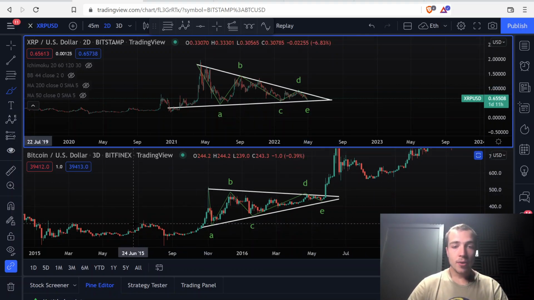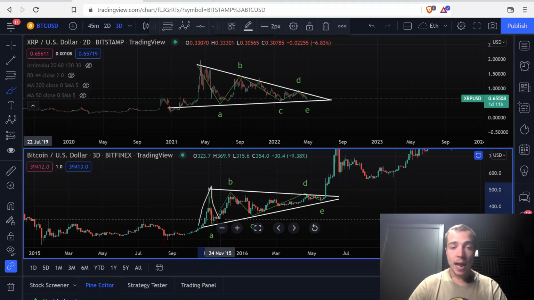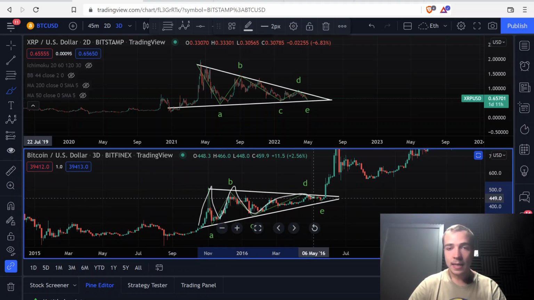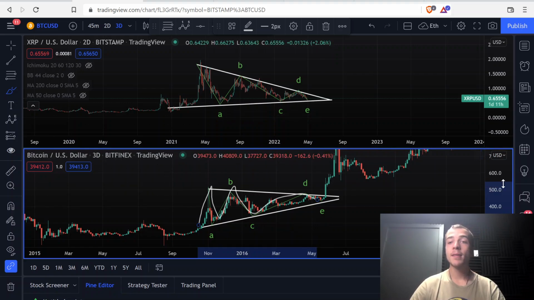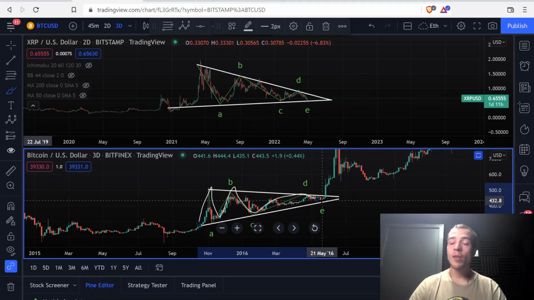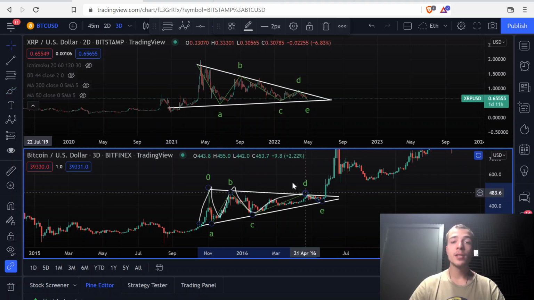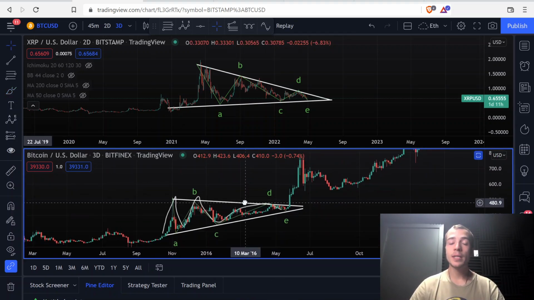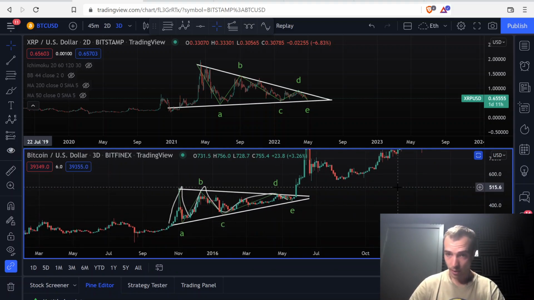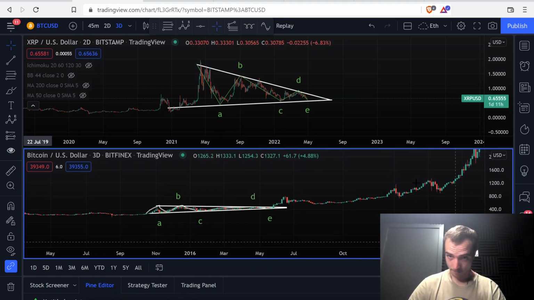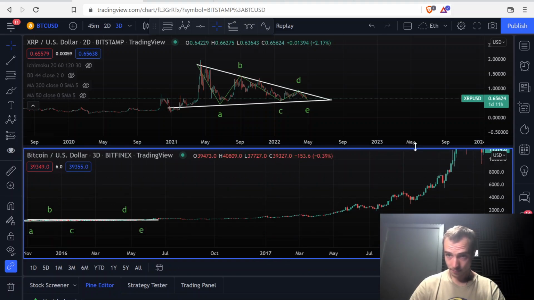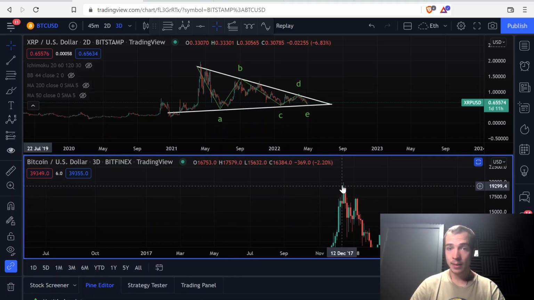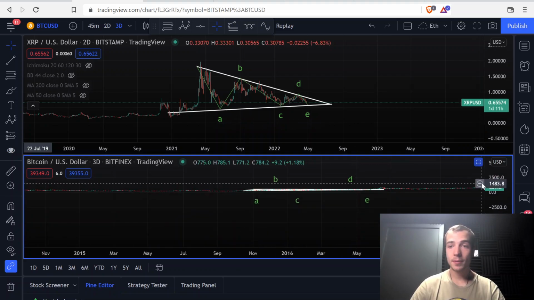What we see here on Bitcoin in 2015 is it formed an A, B, C, D, E triangle pattern, and then went from being worth $432 into its bull market of going all the way to 20,000 by the end of 2017. So this is from 2016, and then 2017 is all of this exciting movement up to 20,000 per coin.